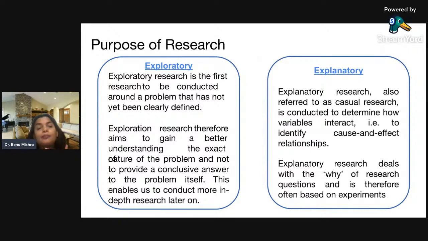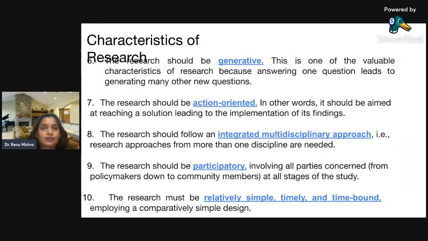Also, one very important thing which I would like to tell you all, that research is not supposed to be complicated. Let me just go back to one of the characteristics, that is, it should be simple and timely, right? I'll tell you why. Basically, we are doing research for a contribution.